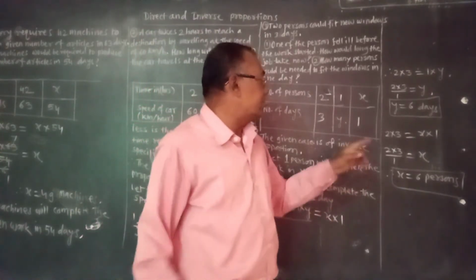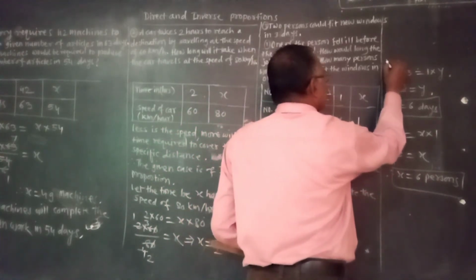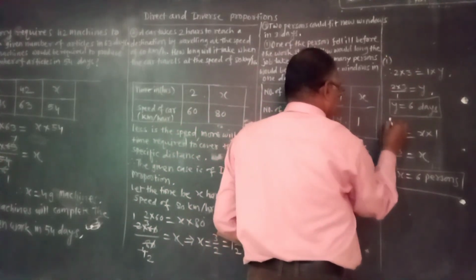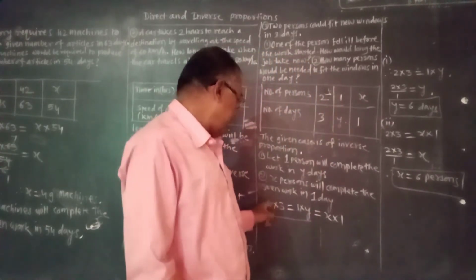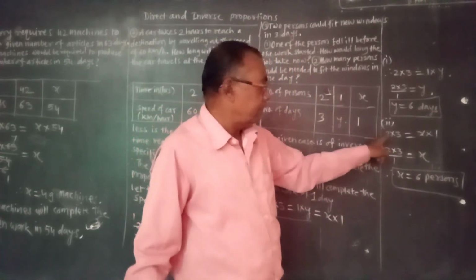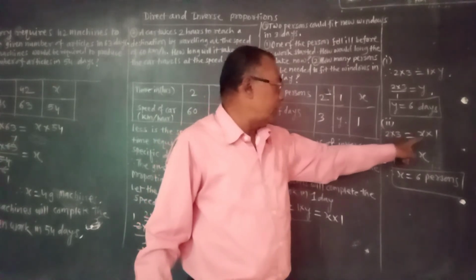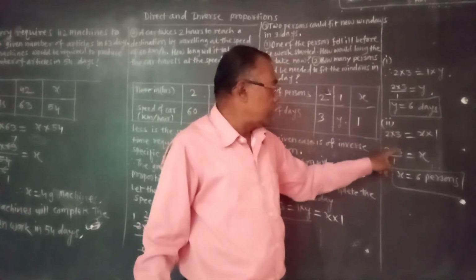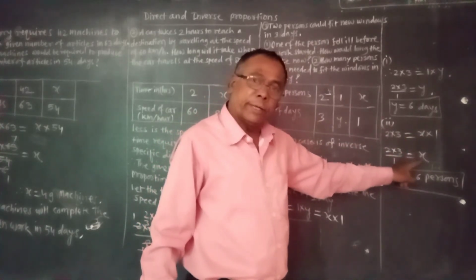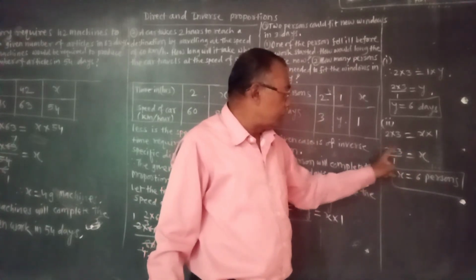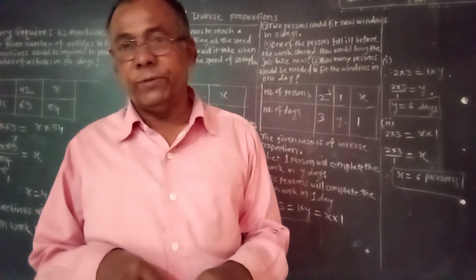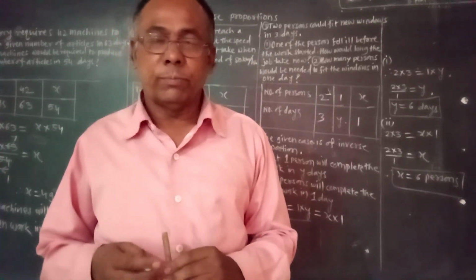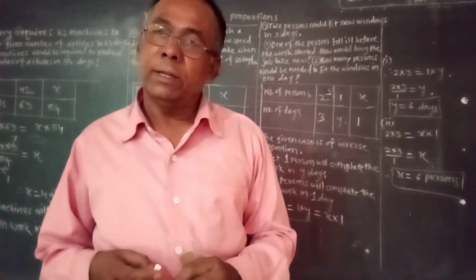Now in the second case, 2 into 3 is equal to x into 1. Again to find the value of x, 2 into 3 upon 1 is equal to x, means x is equal to 6 persons. So 6 persons will complete their job in 1 day.